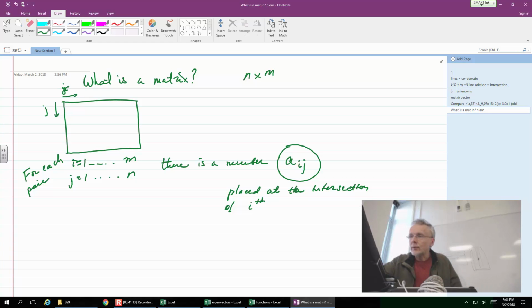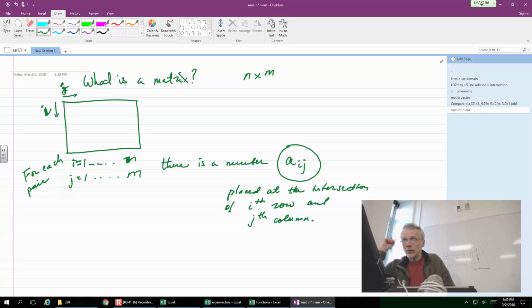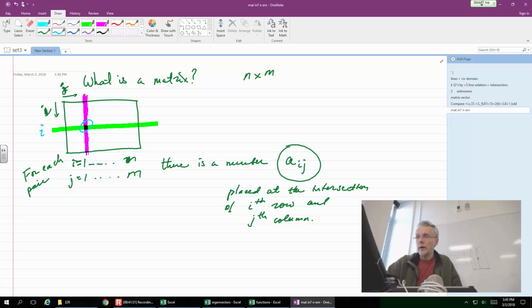Sorry about that. So this is J and this is I. That makes it a little bit weirder, I suppose, but then it makes more sense. So it's placed at the intersection of the ith row and jth column. So you find one and you find the other, and the result is that intersection is where it is located. This is Ij.